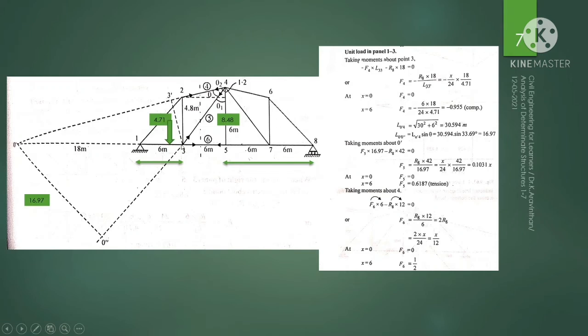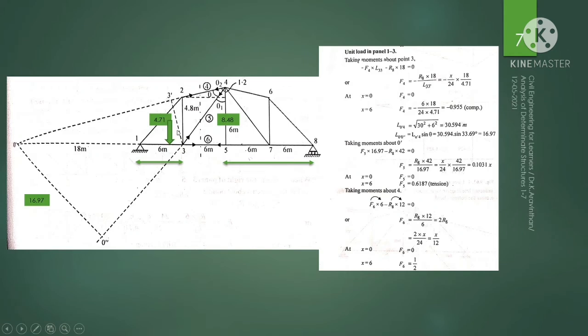Next, you have at the right hand side the F4 member. So this is our F4, and this is the line of action of F4.